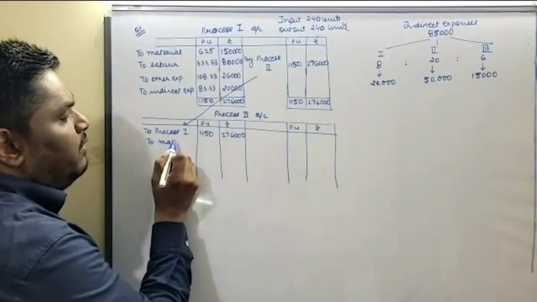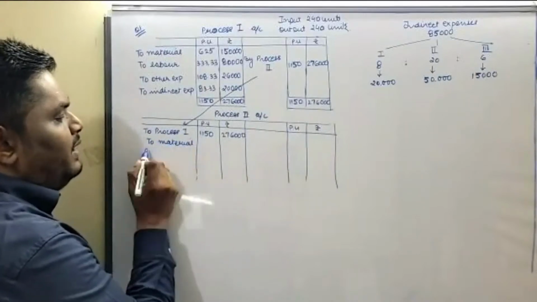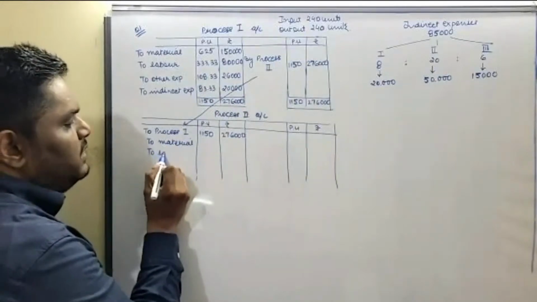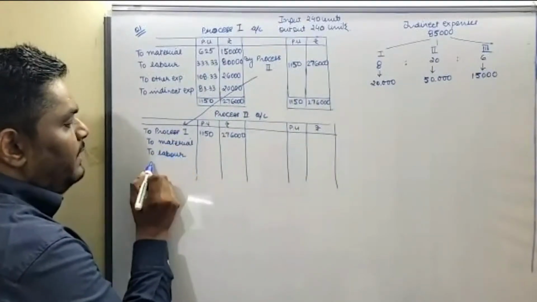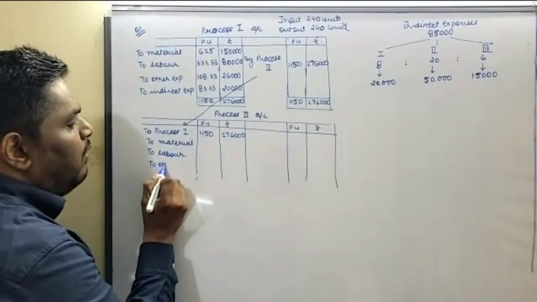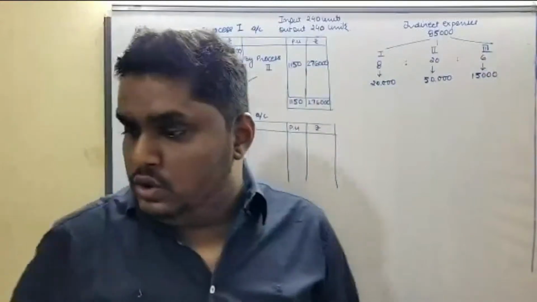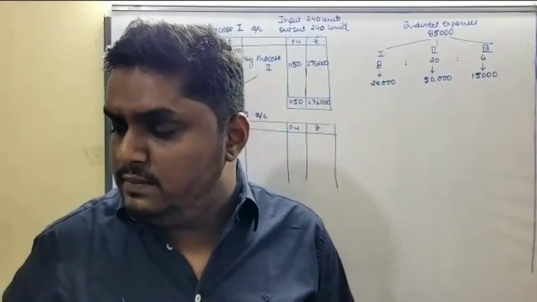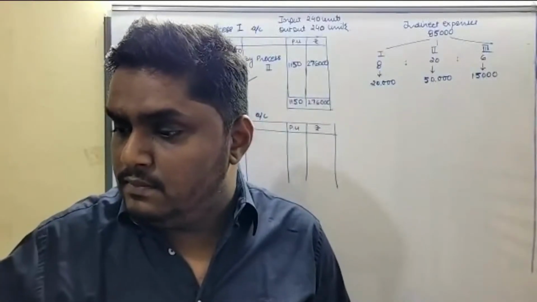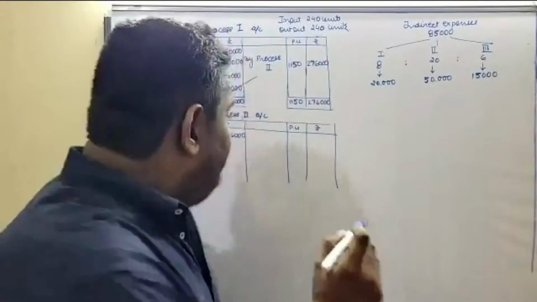Thereafter we will write material, if any additional material cost is incurred, labor, other expenses. So my material cost is 50,000.